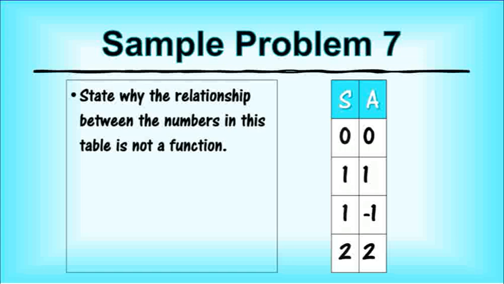Next one, state why the relationship between the numbers in this table is not a function. Okay, so if we look at our numbers, we got 0, 0, 1, 1, negative 1, negative 1, 2, 2.